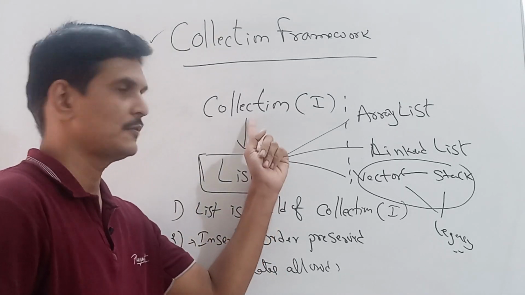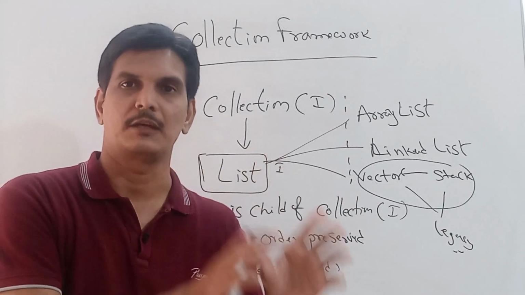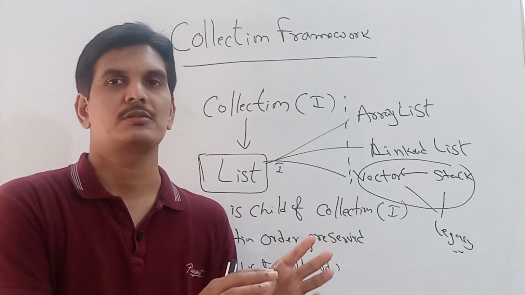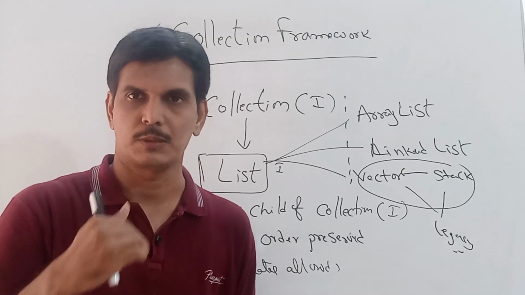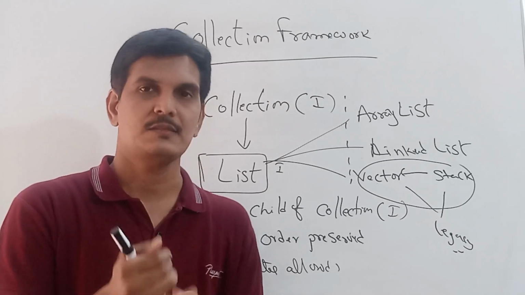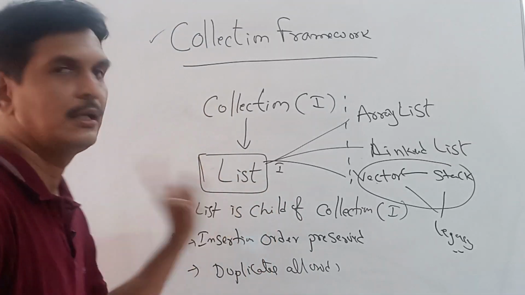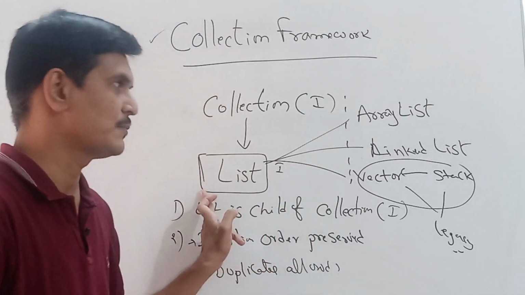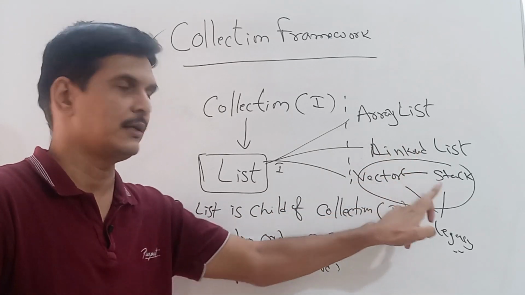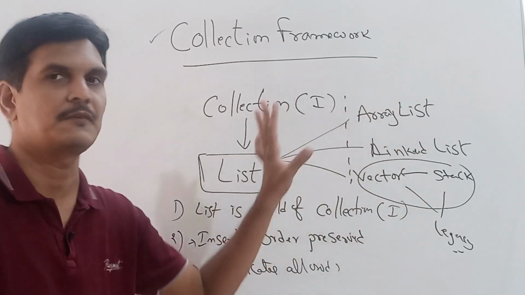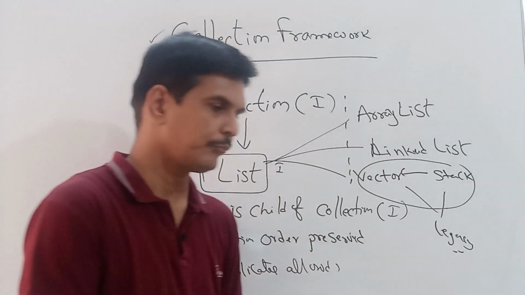When we need to store a group of elements where the insertion order should be preserved and duplicates should also be allowed, we go with the list interface. The list is implemented by the ArrayList class, LinkedList class, and the Vector and Stack classes.